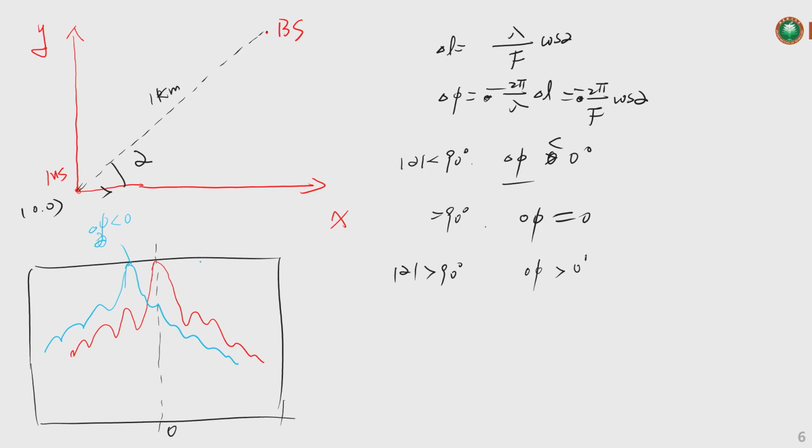And if alpha is larger than 90 degrees, it moves to this side, something like this part. So delta phi is larger than 0. This is the front panel from the spectrum analyzer.